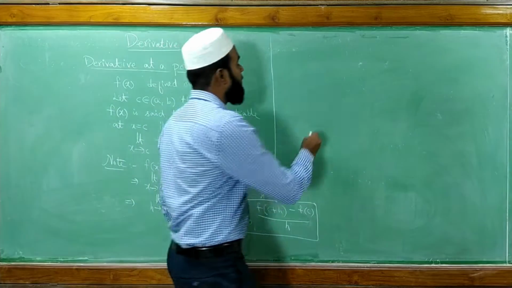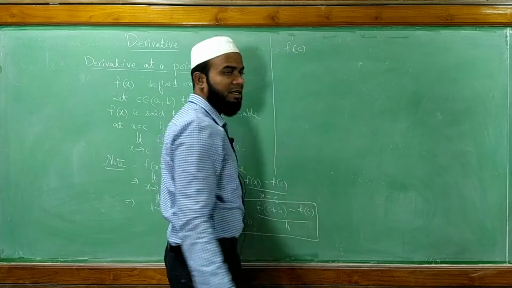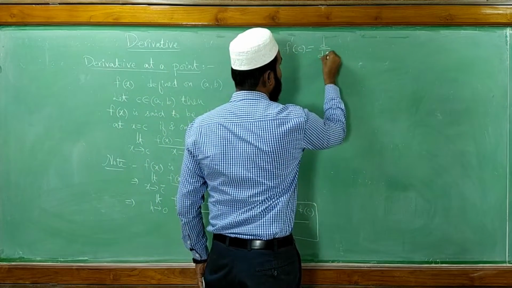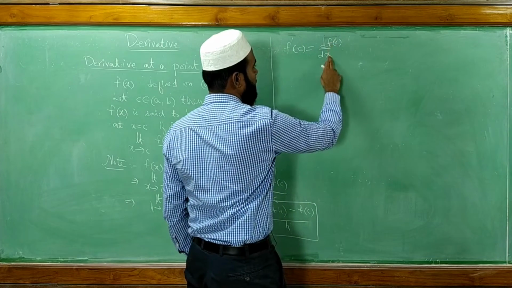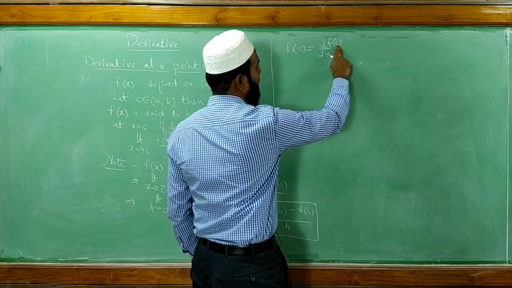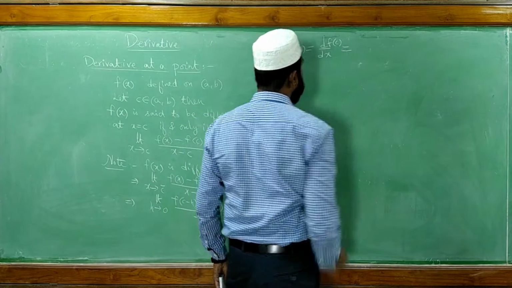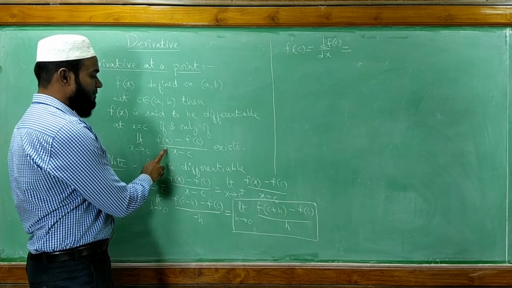First of all, the derivative of f of x is denoted by f dash of c, because we are finding the derivative at the point c, or d by dx of f of c. I am finding the derivative of f with respect to x at the point c, right? These are the notations for derivative, and the value of this derivative will be equal to this limit.